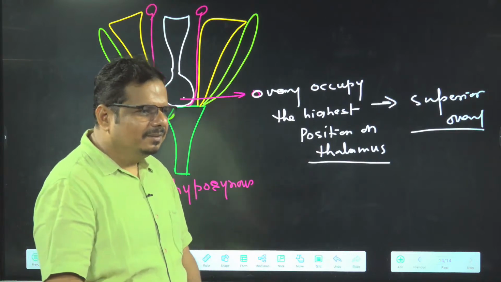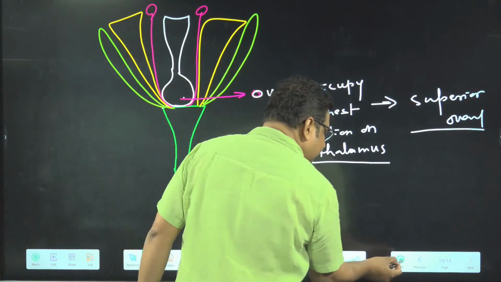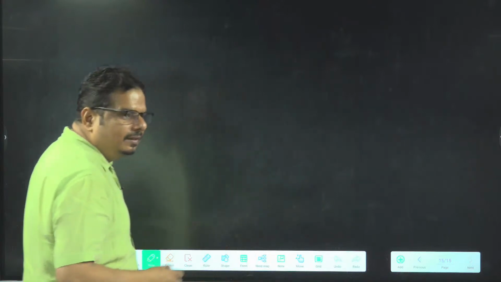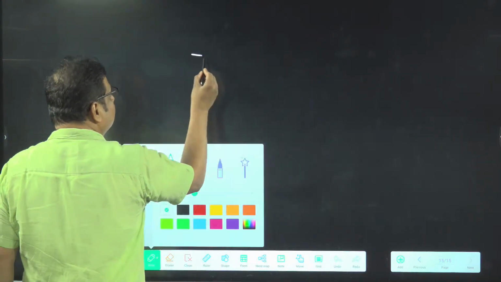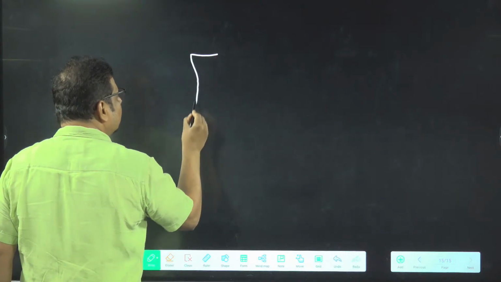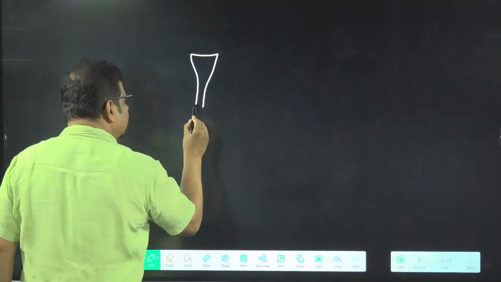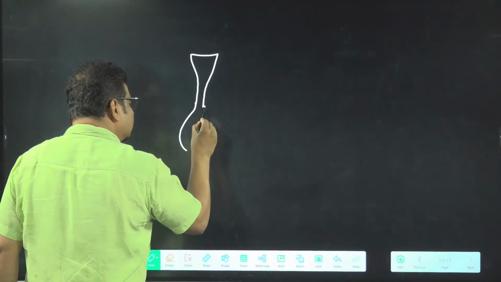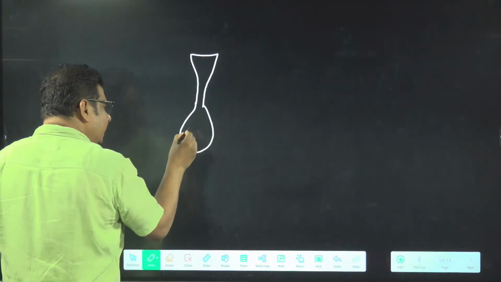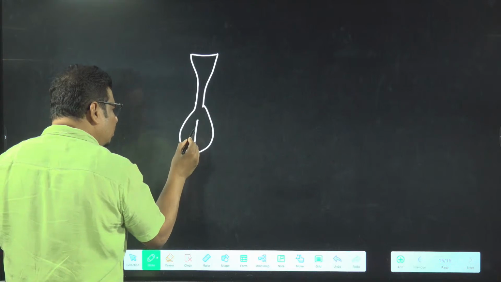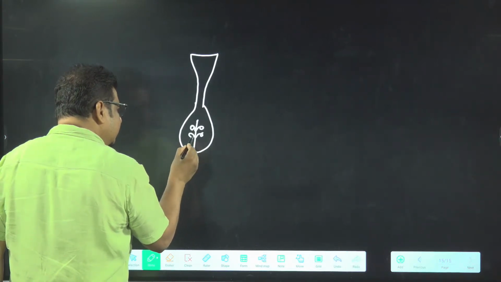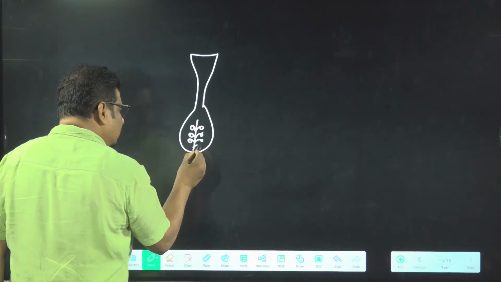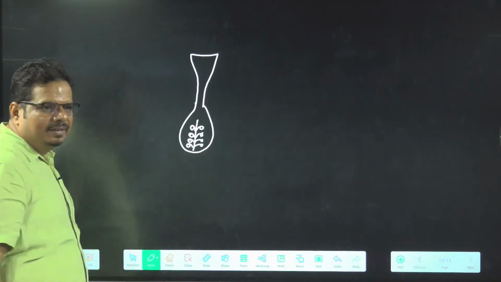Now we are going to deal with the last one, epigynous. What is the character in epigynous? Have a look. I am drawing a diagram. This is a stigma, this is a style, and this is the ovary. NCERT also gives you a clue to identify the ovary: they show the placenta as well as the ovule, which are present in the ovary only.